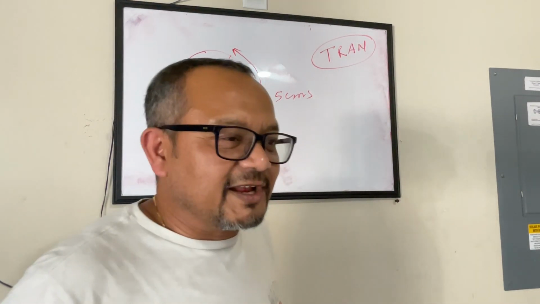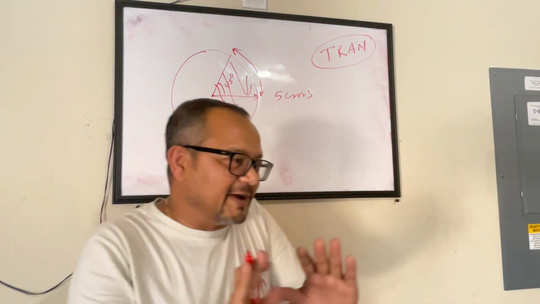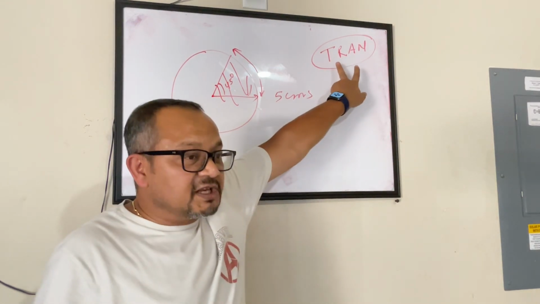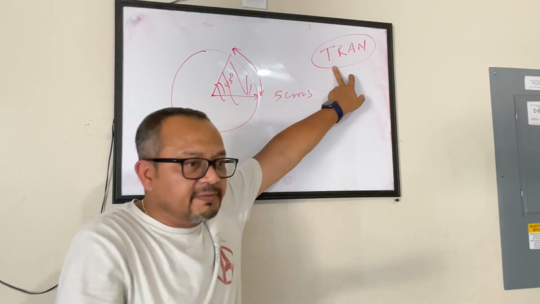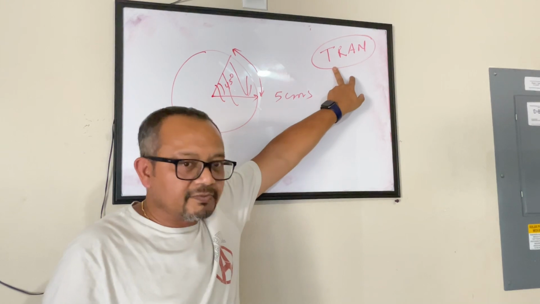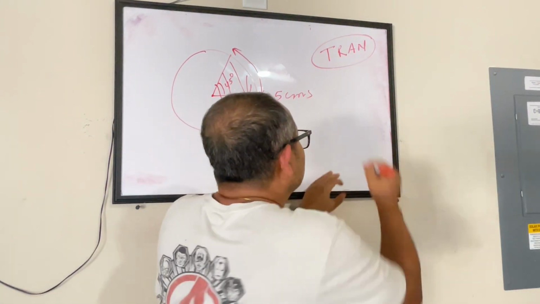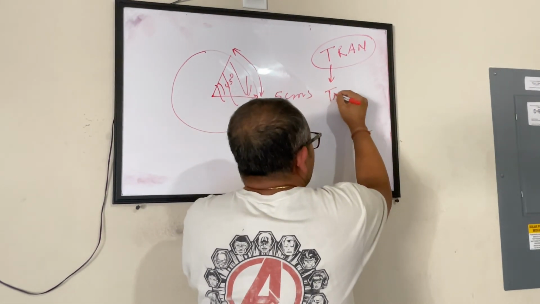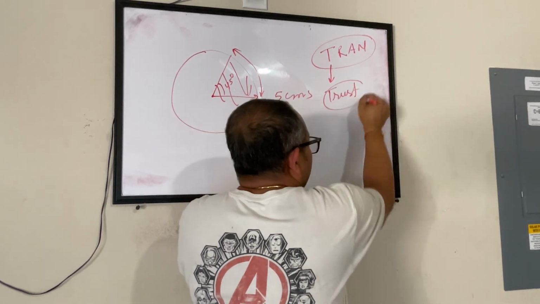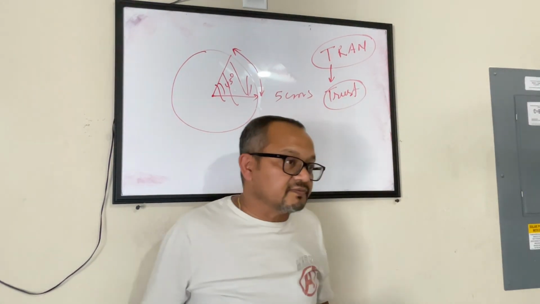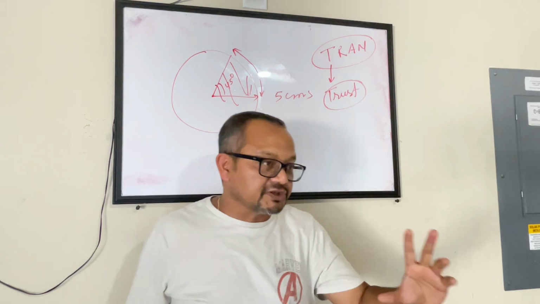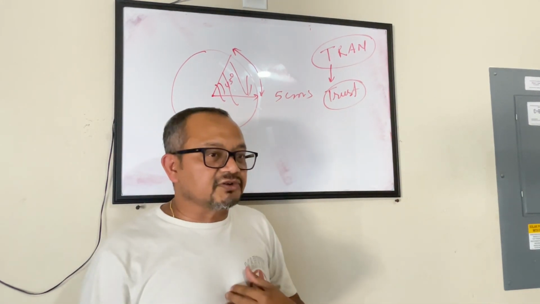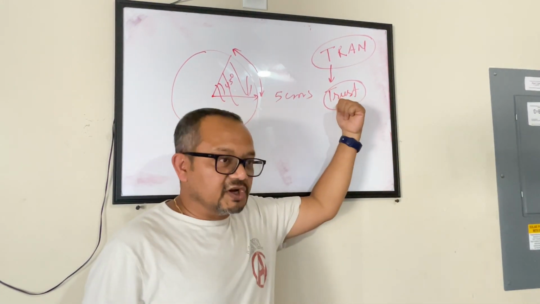I know some of the kids on the screen are about to laugh, but bear with me. 2 minutes only. This is my universal formula for solving any math problem. T stands for trust. You have to always trust yourself that yes, if anybody in the world can solve a problem, I can solve. If you come across any question that you have to solve, first thing that should come to your mind is trust.